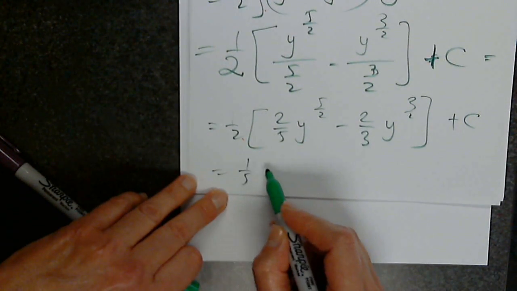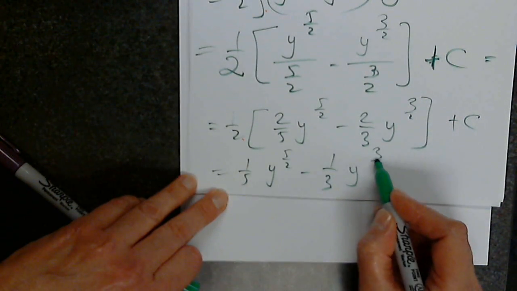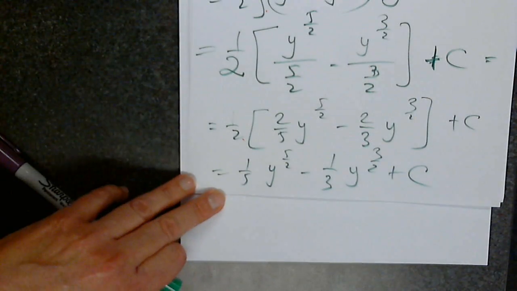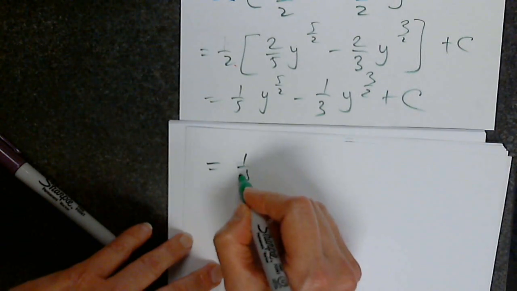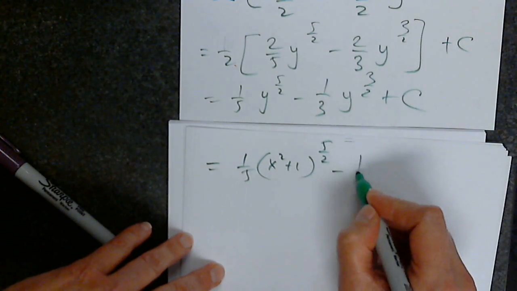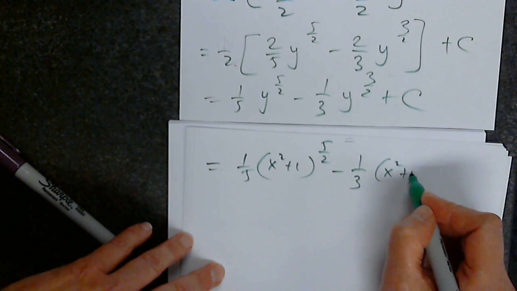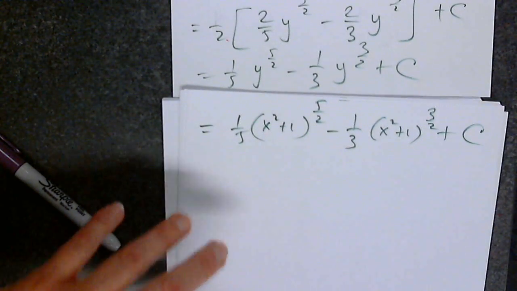So this is 1/5, y to 5/2 minus 1/3, y to 3/2 plus a constant c. And yes, now I have to go back and replace y by x squared plus 1. So the final simplified form will be 1/5 (x squared plus 1) to 5/2 minus 1/3 (x squared plus 1) to 3/2 plus a constant c.